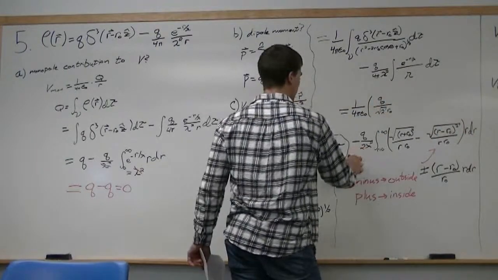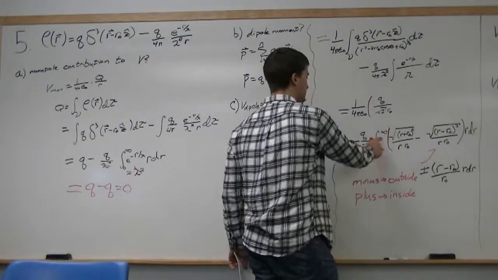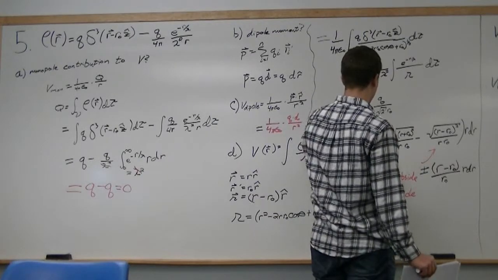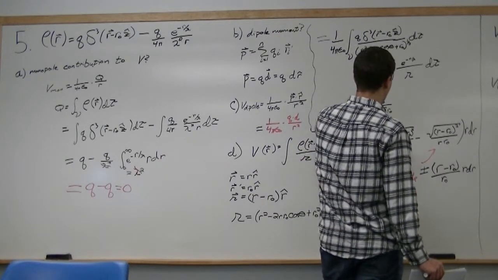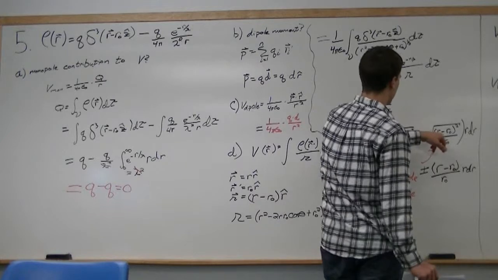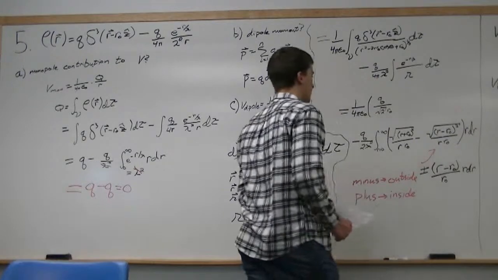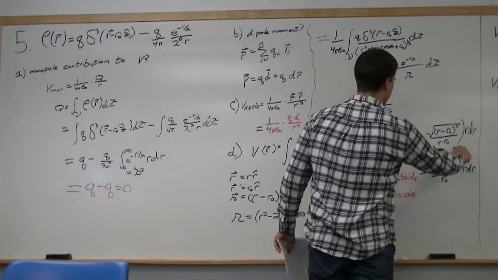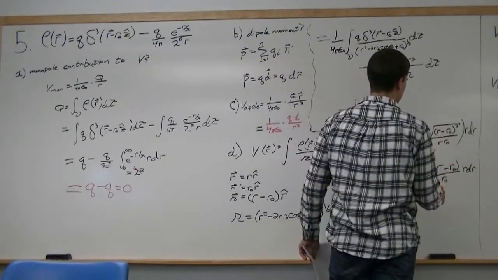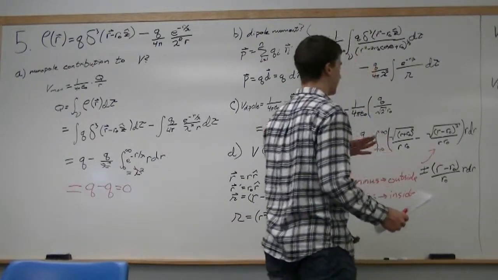ends up just giving you negative q over 2 lambda squared, integral from r equals 0 to infinity of, after you integrate over theta, it ends up giving you r plus r naught squared square rooted over r naught minus the same thing except with a minus sign, all times r dr. Now when we look at this, we have to be very careful when we take the square root of this square, because we'll end up with two cases, one for inside the atom and one for outside the atom.